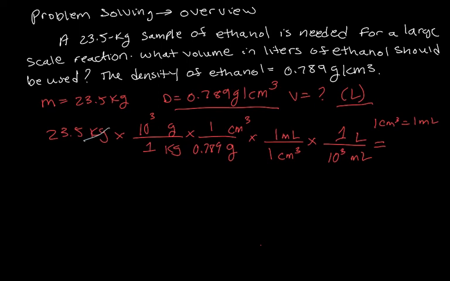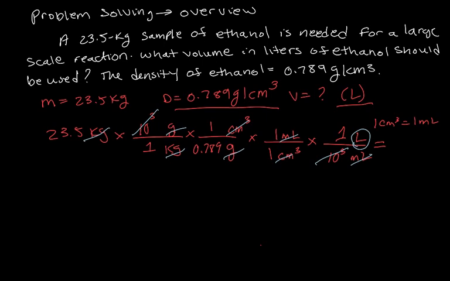You can see that your kilograms cancel, your grams cancel, your cubic centimeters cancel, your mils cancel, and you're left with liters, which is our desired unit. Another neat thing is that you can simplify it some more because you have 1,000 on the top and 1,000 on the bottom. So you don't even have to plug that into your calculator.